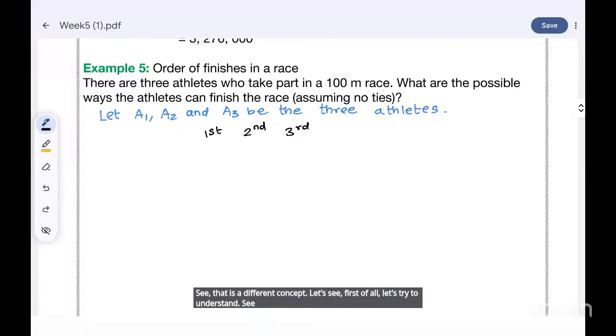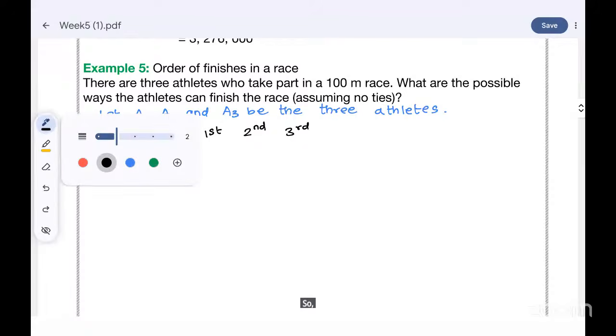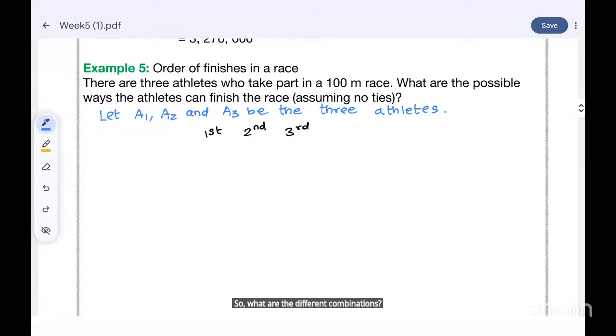Let's first try to understand. These three athletes, if they are running, there can be only three positions, right? First, second, and third. So what are the different combinations? If A1 comes first, then either you have this possibility or this possibility.